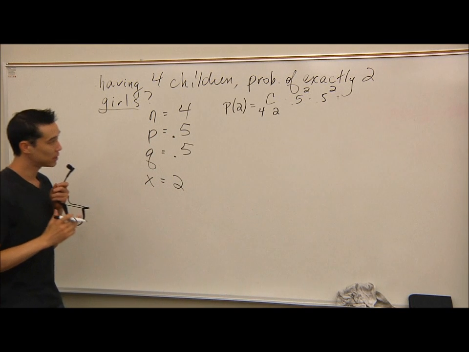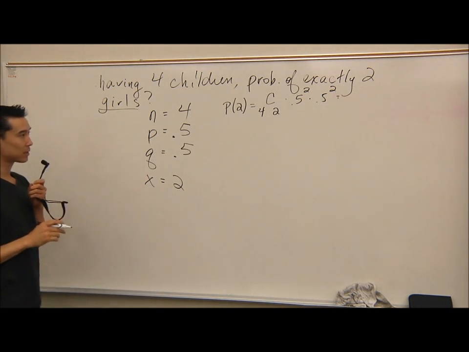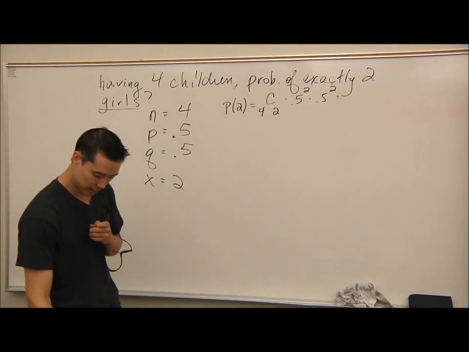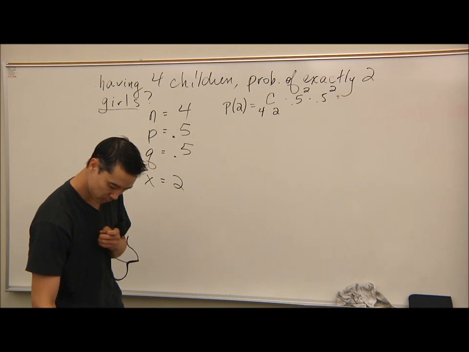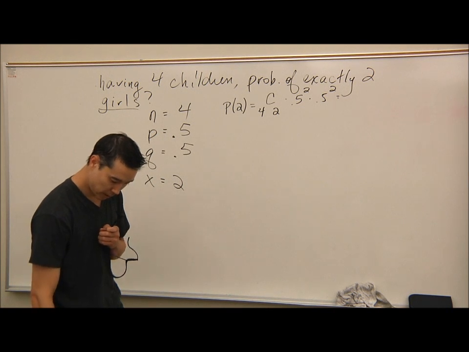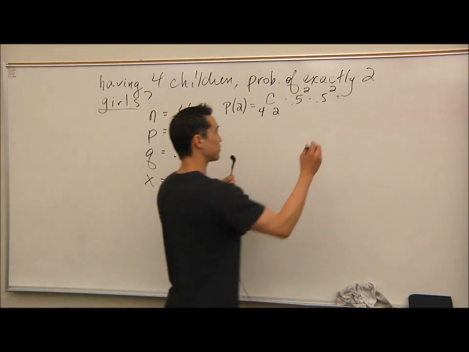You should have 4C2, 0.5 to the second, times 0.5 to the second. And you should get 0.375.